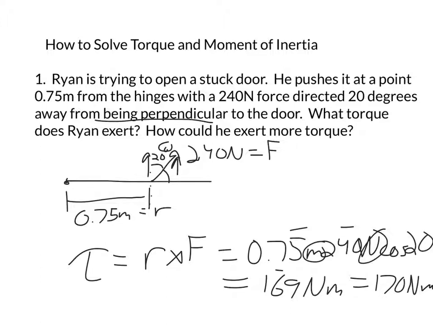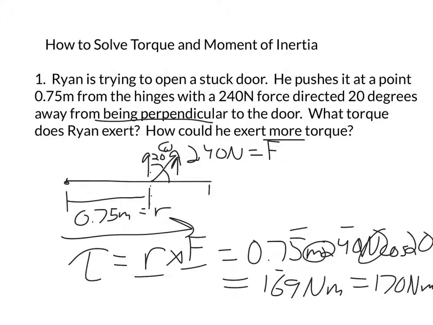How could he exert more torque? Well, I can see 3 ways. He is not pushing at the very edge of the door, so if he increased the radius, then this number will be bigger, and he will get more torque out of it. If he pushes harder, assuming he can push harder than he's pushing, then the force will go up.